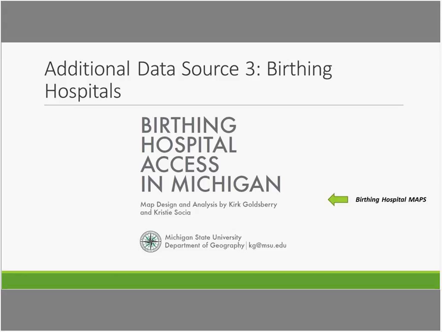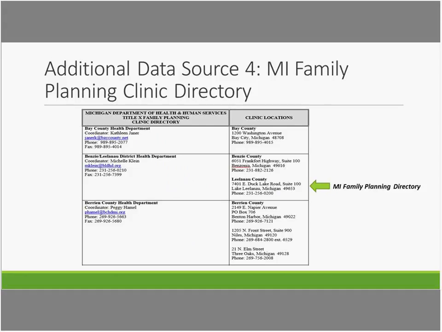This will give you a sense again for that last tab in the spreadsheet, public health services and systems, where it's really hard to get good data. This will be a way to look at the degree to which pregnant women in your community have access to a birthing hospital.